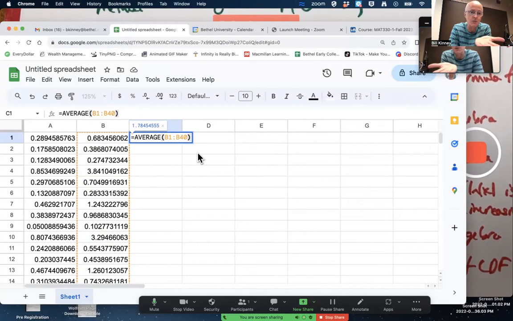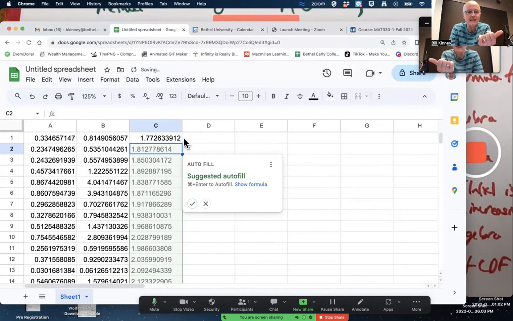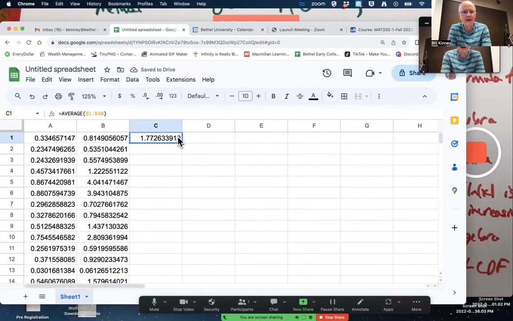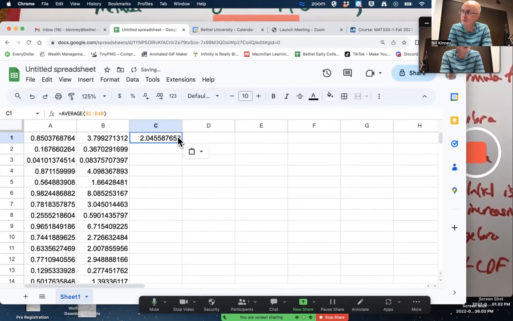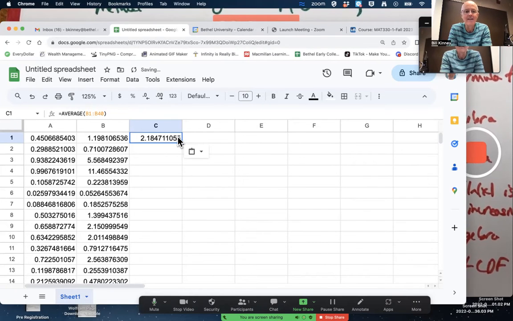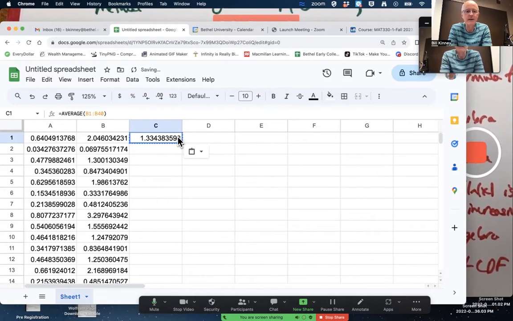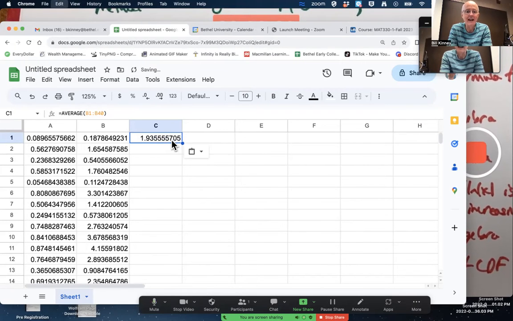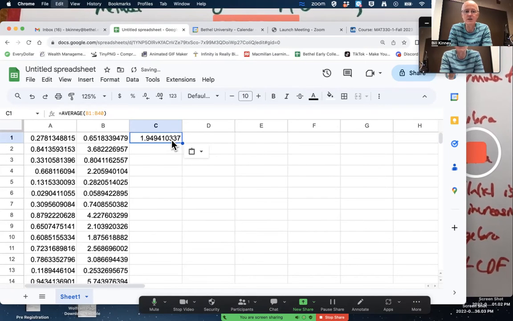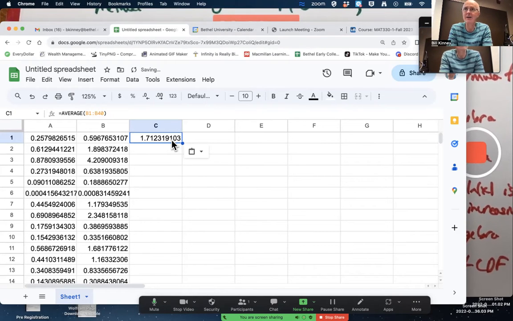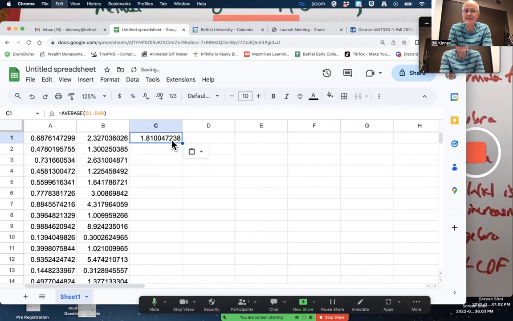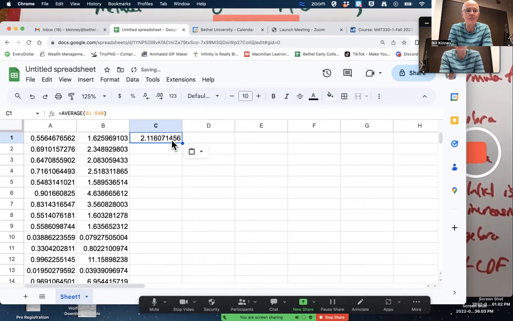We'll get new numbers and a new mean. Happens to be 1.77. If I re-enter, I get something close to 2. Re-enter it again, I get something a little bit bigger than 2. I could keep redoing the simulation over and over again, and I always get a mean that's somewhat close to 2, sometimes smaller, sometimes bigger. That's making it seem reasonable that it really is simulating at least a distribution with a mean of 2.